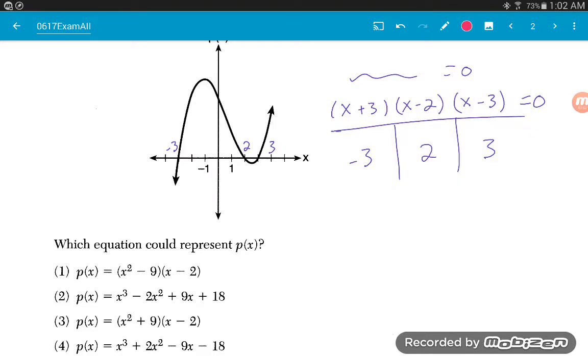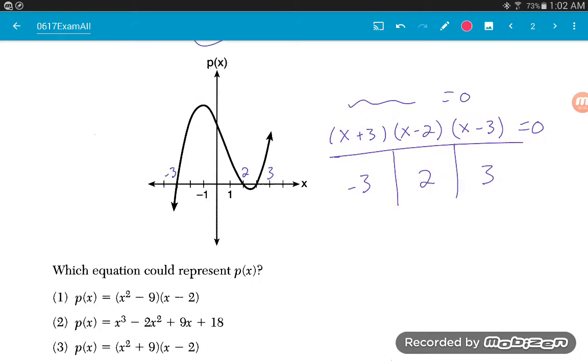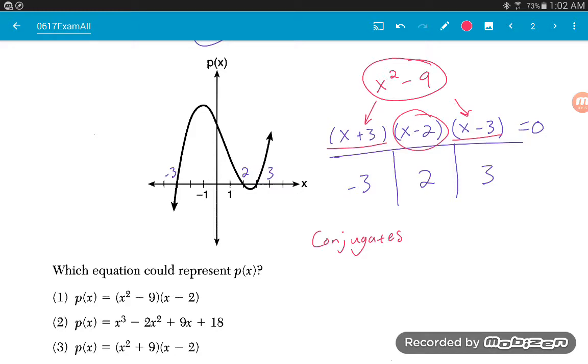However, what they've done is they've taken these two, x +3 and x -3. These are what we call conjugates. Conjugates are what you can multiply together to get a difference of 2 squares. When you multiply these two together with the box method, you're going to get x squared minus 9. So we have x squared minus 9, x minus 2. That's answer choice number 1.